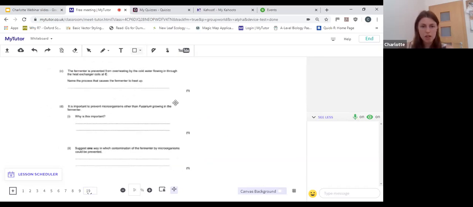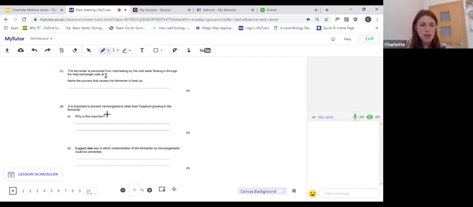Okay, 3 one-mark questions again. So these are short, sharp questions. The fermenter is prevented from overheating by the cold water flowing in through the heat exchanger coils at C. Name the process that causes the fermenter to heat up. We did talk about this briefly today.